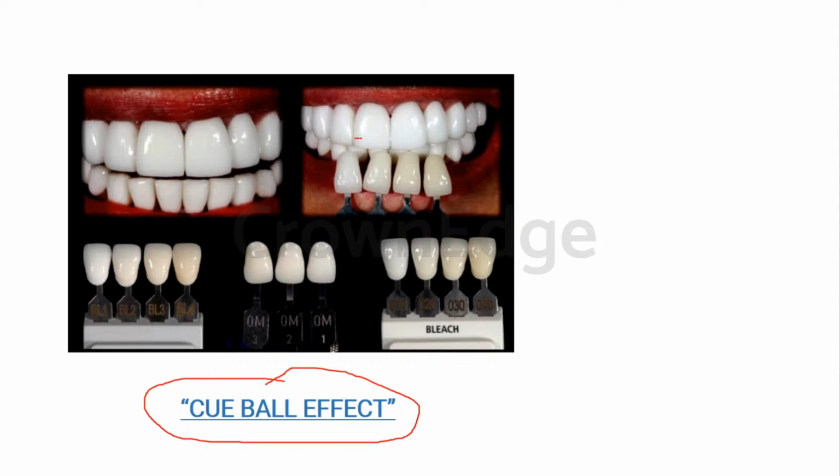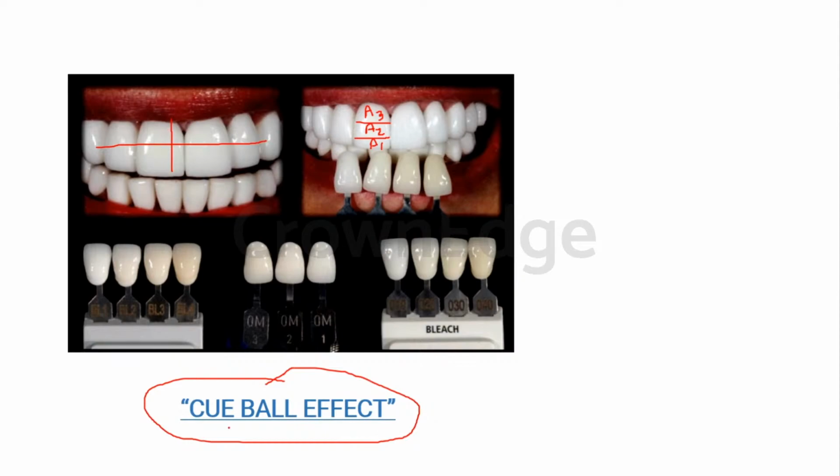So you divide the tooth into three parts. You select probably A1 shade here, you select A2 shade here, and you select A3. So as you go more cervically, you make it more brownish. But if you select the same shade for all the teeth in all the three different levels, then it gives rise to something called as the cue ball effect.